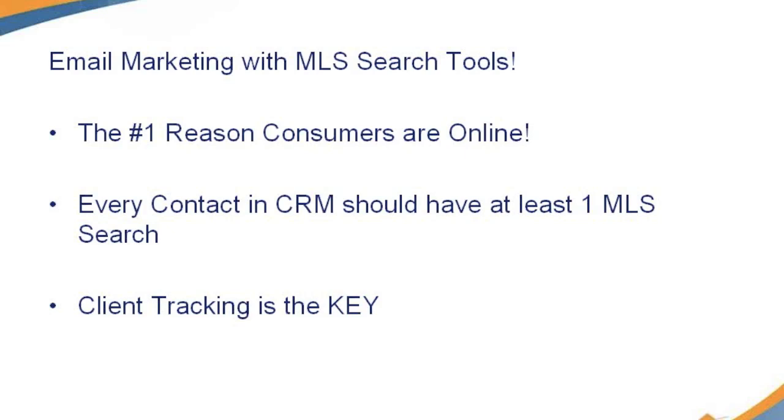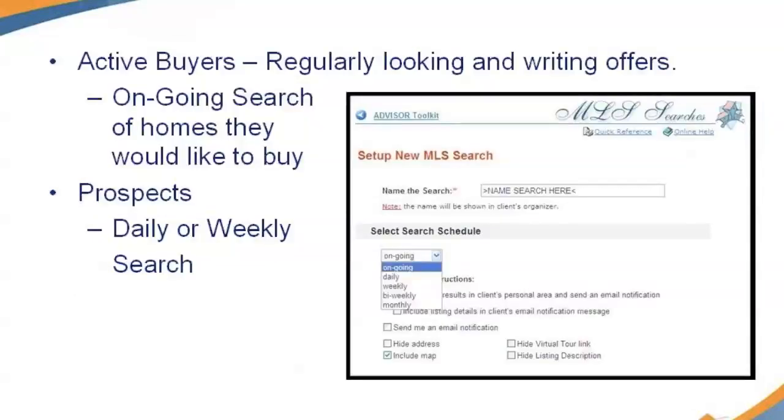So we all know active buyers: people you met at the open house last weekend, people in the market to buy a home today, maybe people referred to you from a house you sold last week. Classify them as an active buyer because they're looking now to buy a home. We want to make sure they're set up on an MLS search on your website for the properties and areas they're looking to buy.